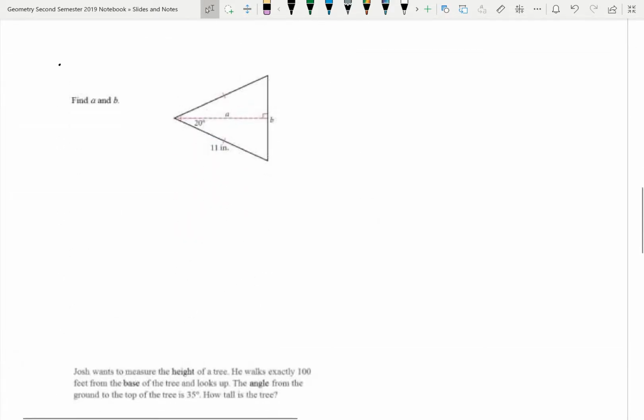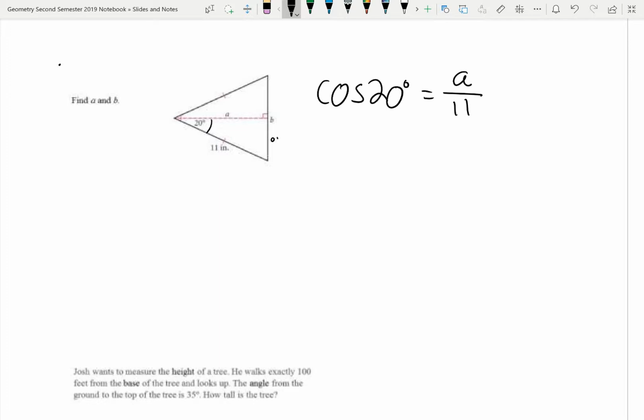The next problem asks us to find a and b. To find a, we're going to use cosine of 20 degrees equals the adjacent leg divided by the hypotenuse. We're looking at this angle here. This is the opposite leg, this is the adjacent leg, and this is the hypotenuse.